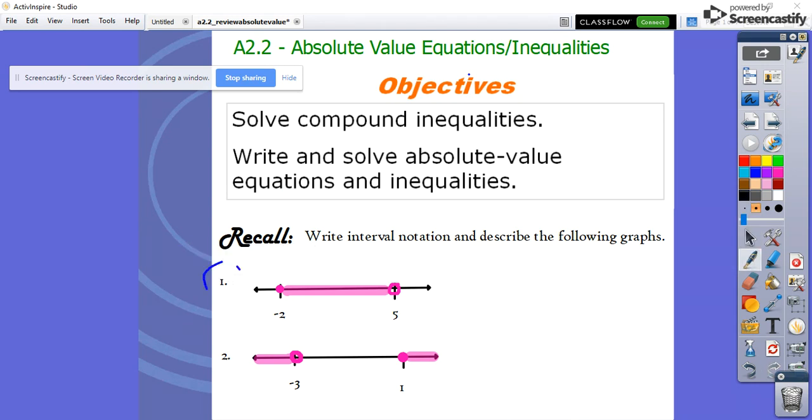I want you to think about where you use brackets, where you use parentheses, what happens if there's a gap in the graph. So take just a minute and talk about that with your partner.